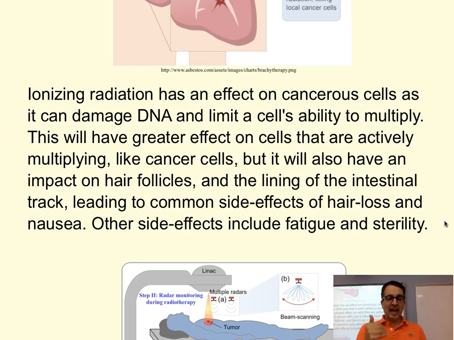Tumor cells, cancer cells, multiply very fast, but so do other cells in the body, like the hair follicles and the lining of your gastrointestinal tract, because those are areas with rapid turnover of cells. Those cells are affected by radiation therapy, which explains the common side effects of hair loss, nausea, and digestive problems, because it affects the lining of your intestines.